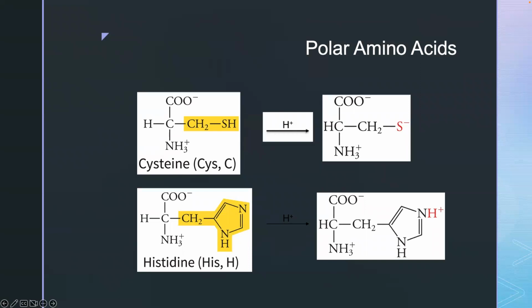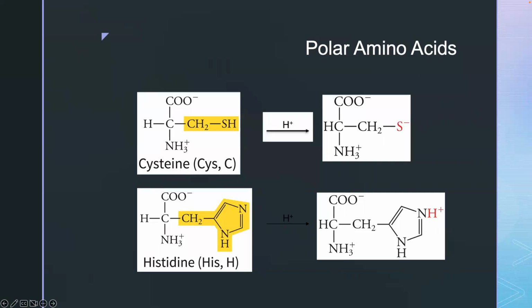Histidine is another one of these, and its 3-letter code is HIS, and its single letter code is H. The pK value of histidine is actually 6, which is close to neutral, and it acts as an excellent acid and base, so it can donate or accept protons.